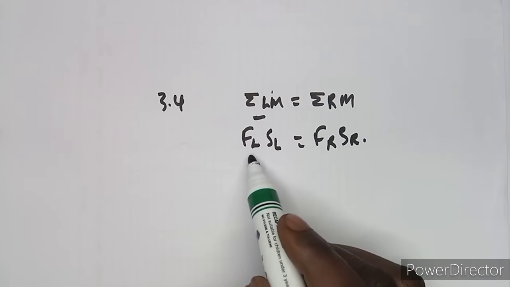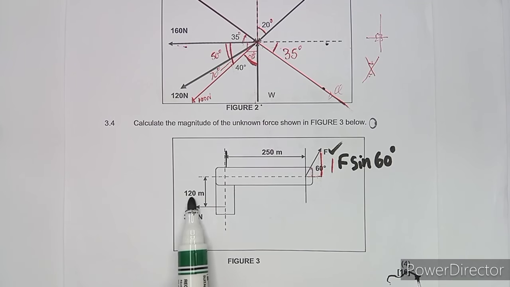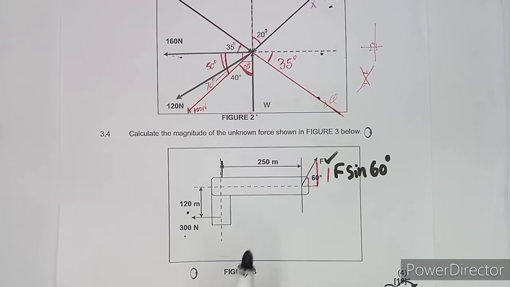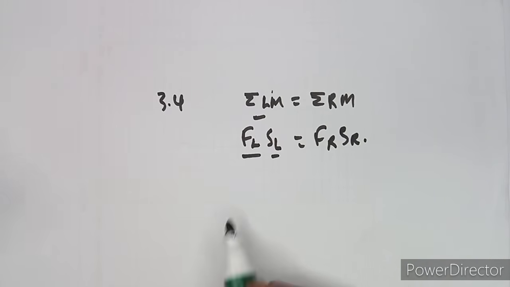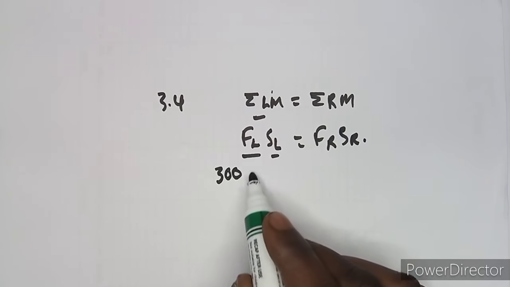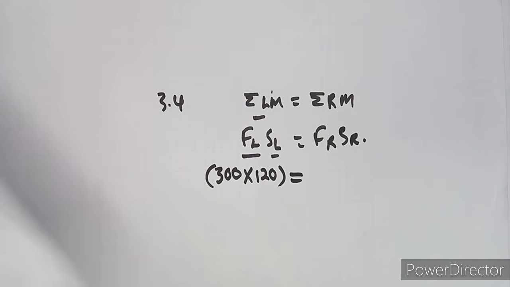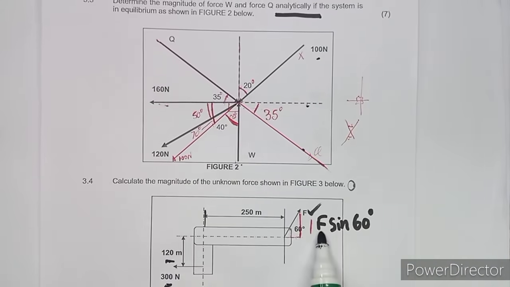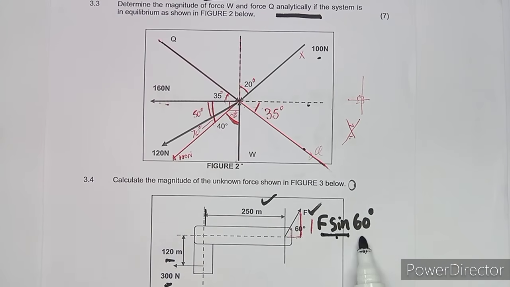All right, since it is force times distance, on the left we've got the force here, which is 300, and the distance of 120 meters. So you multiply 300 by 120, that's force times distance, which is equivalent to the force here. This is your force now, and this is the distance. So the force is F sine 60.